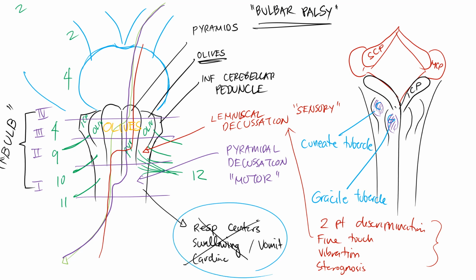You have respiratory centers there. You have your swallowing, vomit centers, cardiac centers there. And it is also the site where you have the great motor crossing and the great sensory crossing. So your medulla might be at the lowest rung, but is also quite important.